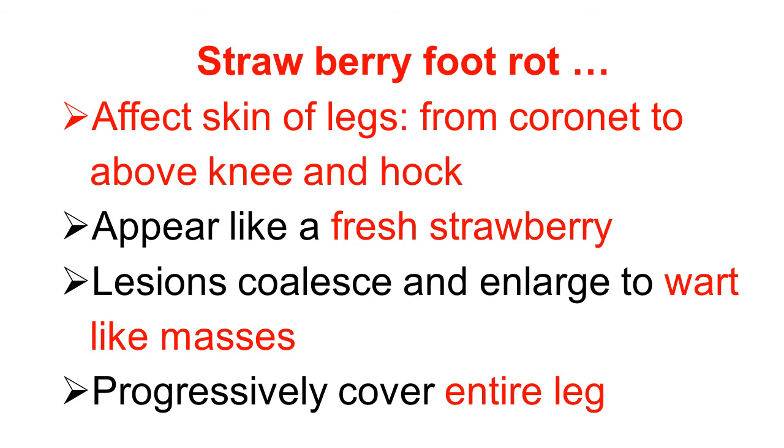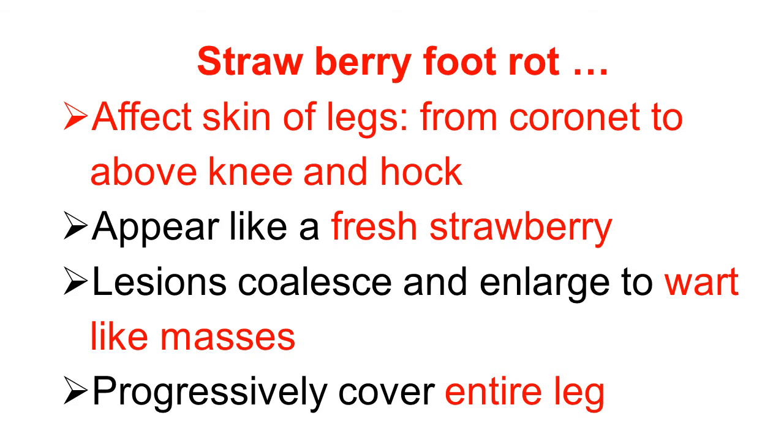Continuing with the clinical signs: it affects the skin of the legs from the coronet to above the knee and hock in the front leg as well as in the hind leg. Because of these ulcerative lesions, the legs appear like a fresh strawberry fruit. So it is strawberry foot rot because the rot is on the legs.